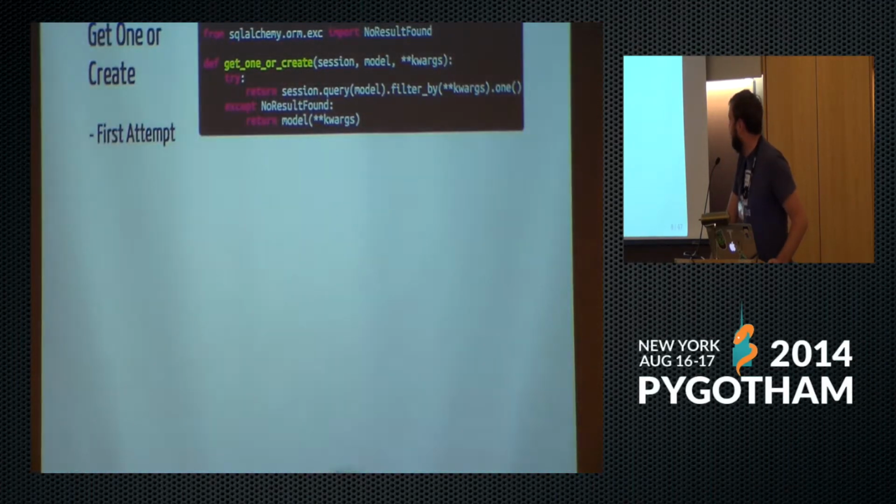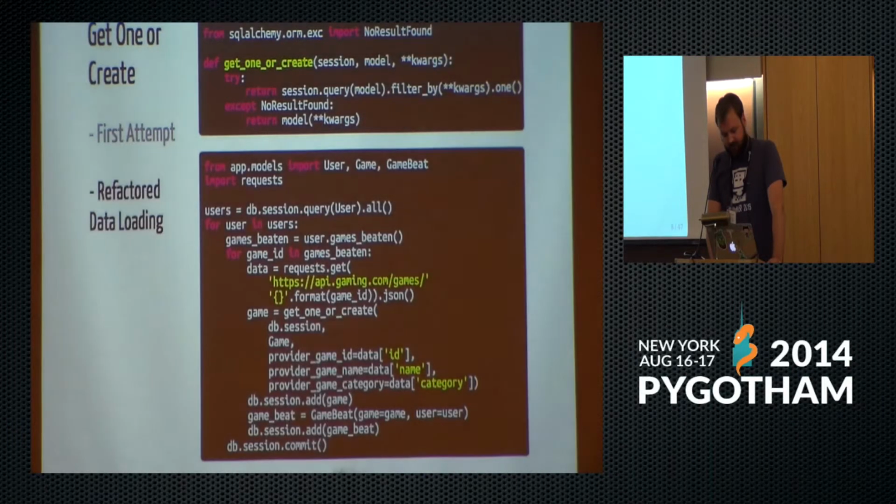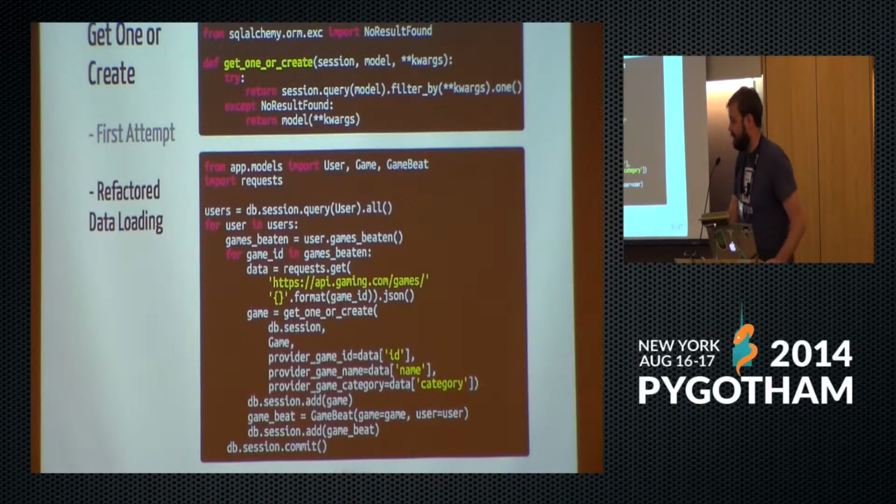So we're going to try to get it, and if we can't get it, it's not there, we'll get a no result found, and so we'll just create it, and we'll return that thing. That's pretty cool. And this allows us to clean up that little script for loading this data. I mean, this is already way more awesome. So cool. Let's keep going.